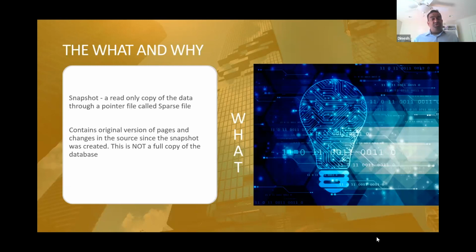I'm also going to use the term data pages. What I mean by that is just tables and relationships between tables, lookup tables, and things like that. The changes in the source since the snapshot was created are what is contained in your data snapshot. This is not a full copy of the database, and that's why your database backup strategy has to be exclusive from your snapshot strategy. I'll talk about that a little more as well.